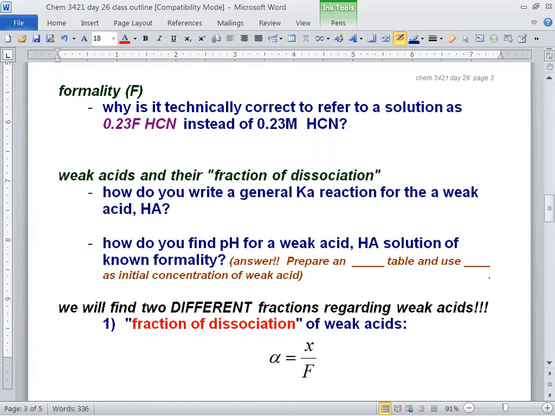So what we should be putting on bottles, especially for all these weak acids and weak bases, is formality. Because then we're saying hydrogen cyanide in all its forms. I don't care how complicated the chemistry, you don't even have to care about it then. There could be complex ions, there could be whatever, I don't care. I just put an F on it. So it's 0.23 molar in all its forms.